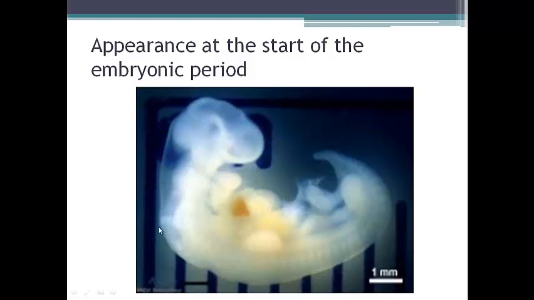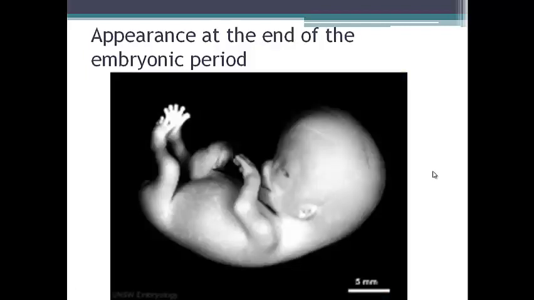Now, in comparison, this is what the embryo looks like at the end of the embryonic period. All right, so you can see the difference, how the different body parts are clear now. You've got the head, there's a little bit of a neck here, thorax, abdomen, there's a full torso.